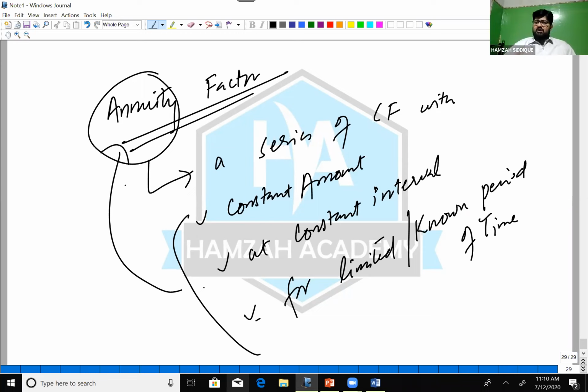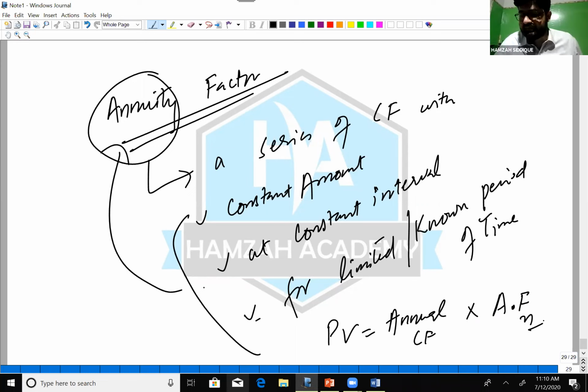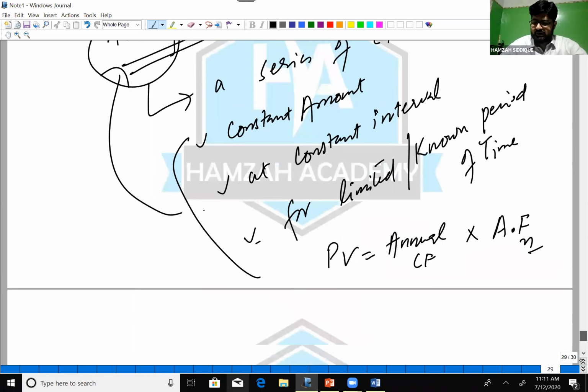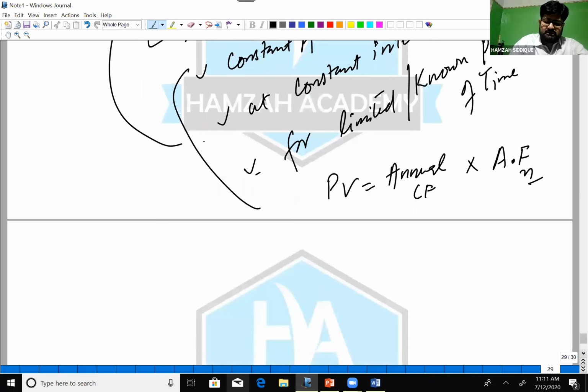And how is the present value of an annuity calculated? Annual cash flow multiplied by the annuity factor. The annuity table will be provided to you in the exam, for n number of cash flows. Now, same example: 1, 2, 3, and 4, 700 every year.